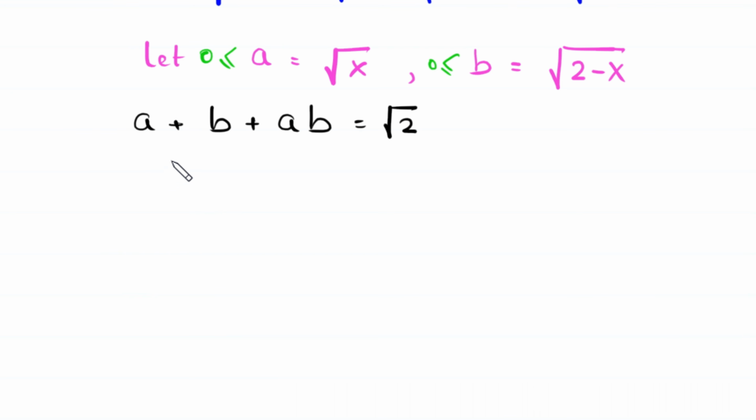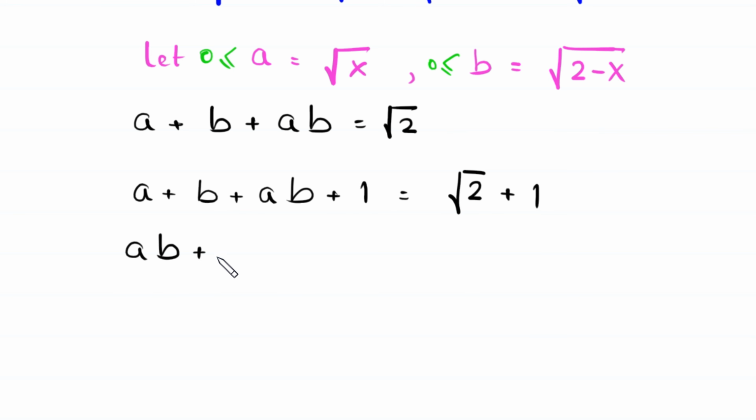Now we add 1 to both sides. This will become a plus b plus a times b plus 1 equal to root 2 plus 1. Rearrange these terms. This will become a times b plus a plus b plus 1 equal to root 2 plus 1.